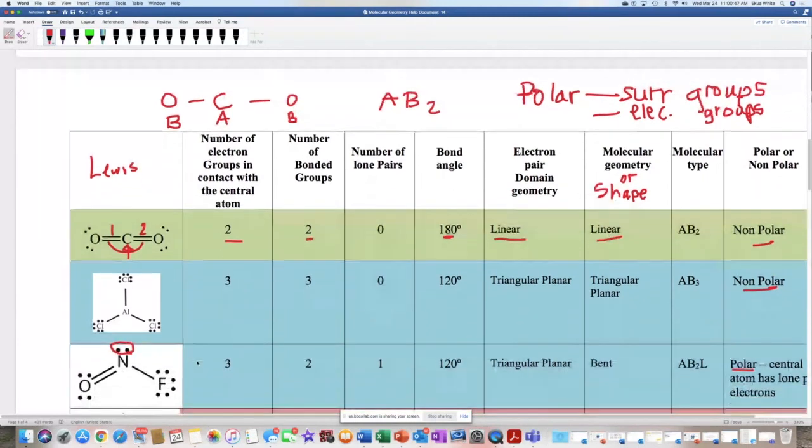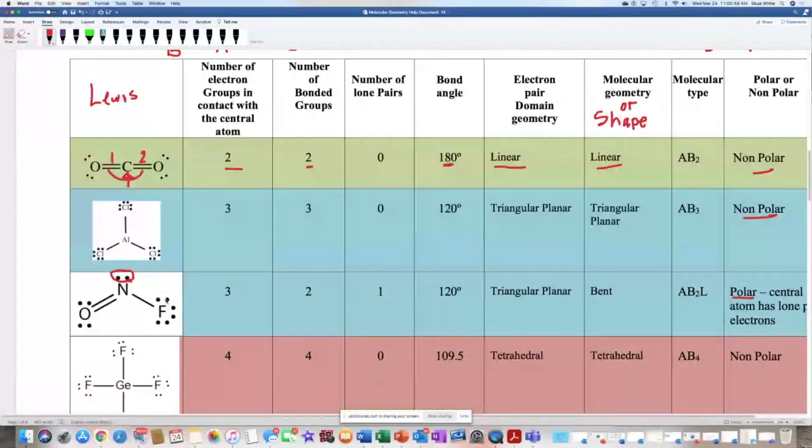They push against the bond, like right here, and when they push against the bond, they push the bonds a little closer. So if one lone pair cancels out the other lone pair, then even though they're present in your picture, they act like they're not there. You see that happening in those two scenarios.